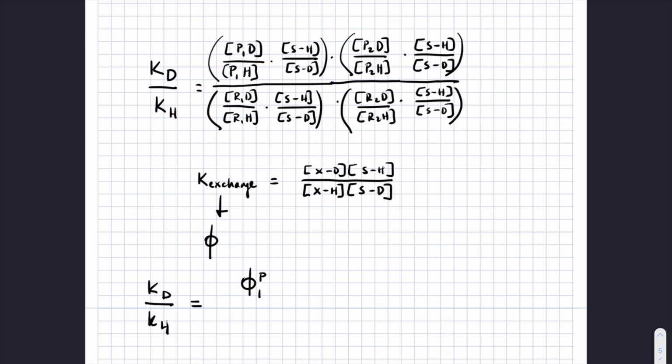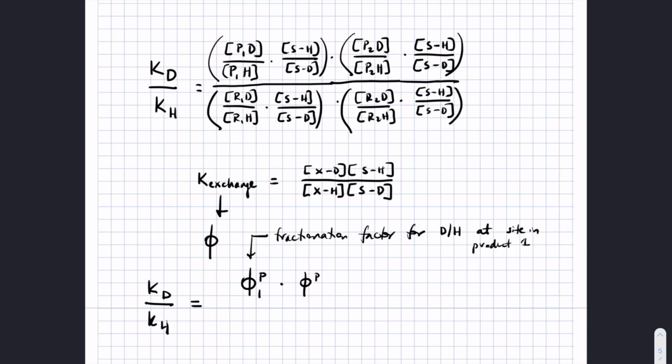So this is the fractionation factor for deuterium versus hydrogen at a site in product 1.